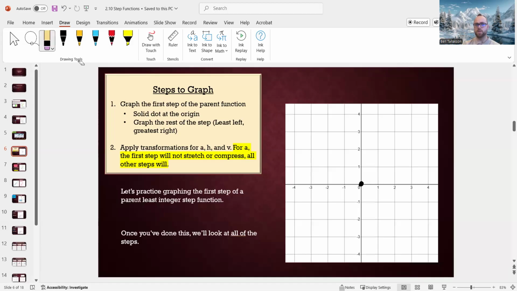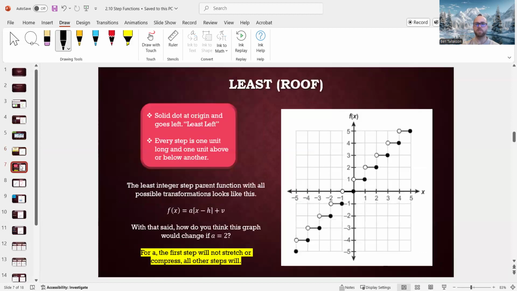So, we're going to start by following these directions: graph the first step of a least integer step function. There it is. This is least. And now we're going to look at all of the steps for the least parent function. There it is. Notice they are all 1 unit long and 1 unit tall. Up one, over one, up one, right one, up right, up right, up right.